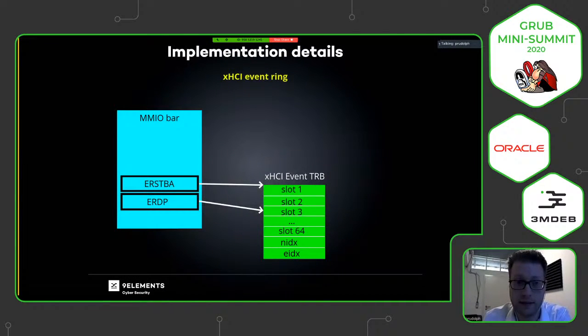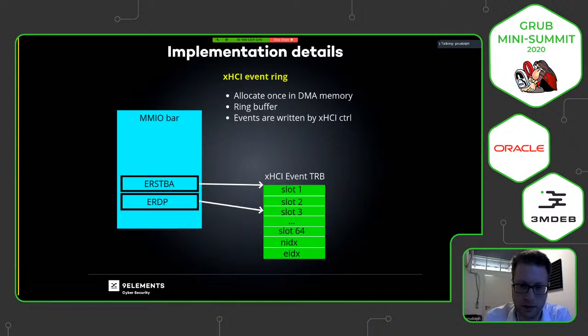Once it has executed something, it reports back in the event ring. So the event ring, again, is a ring buffer allocated in DMA memory, and it's written by the controller. There are two registers.